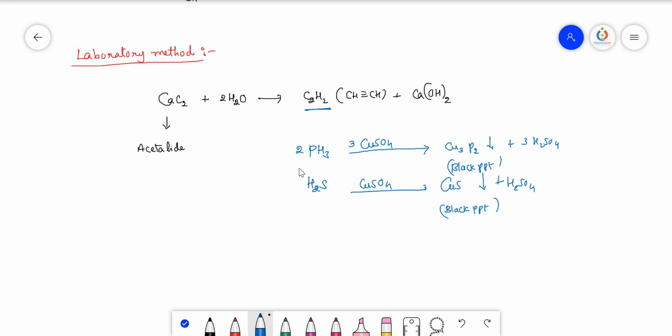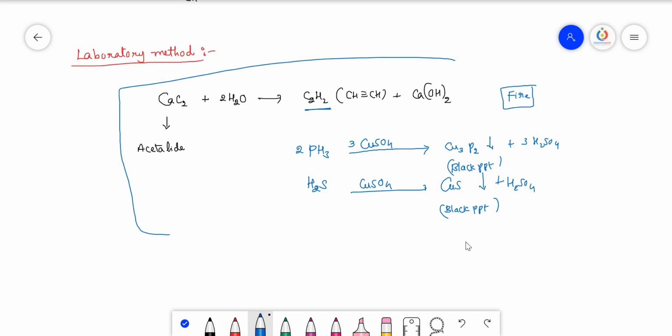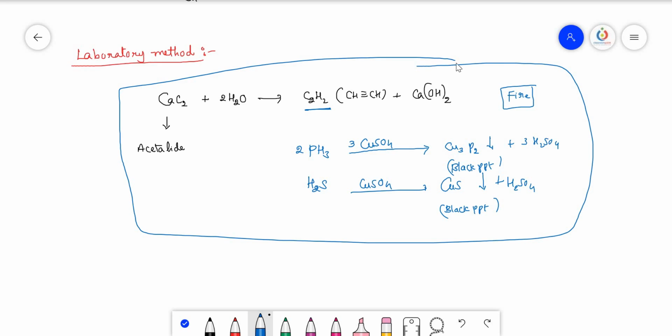And you must remember that while preparing acetylene gas, there must not be any fire in the vicinity of this reaction. The reason is acetylene easily catches fire and undergoes a combustion reaction, finally giving carbon dioxide plus water and releasing an enormous amount of heat energy.